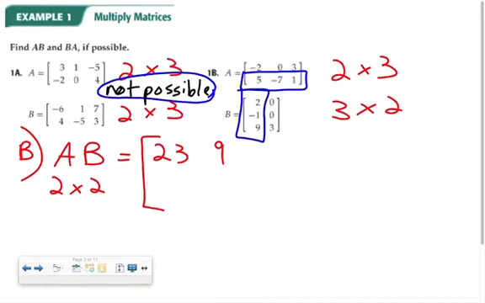Next, I'm multiplying the elements in the row in A times the column in B. So 5 times 2 plus negative 7 times negative 1 plus 1 times 9.